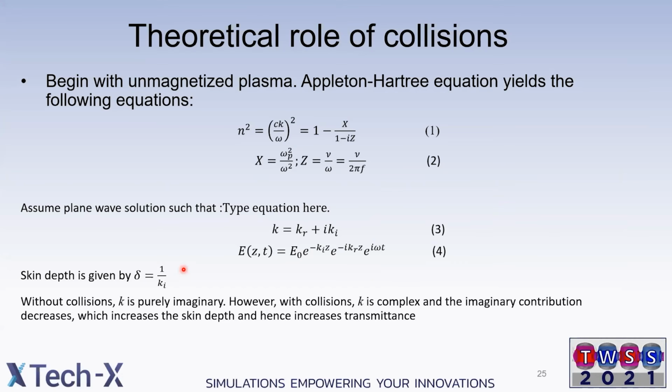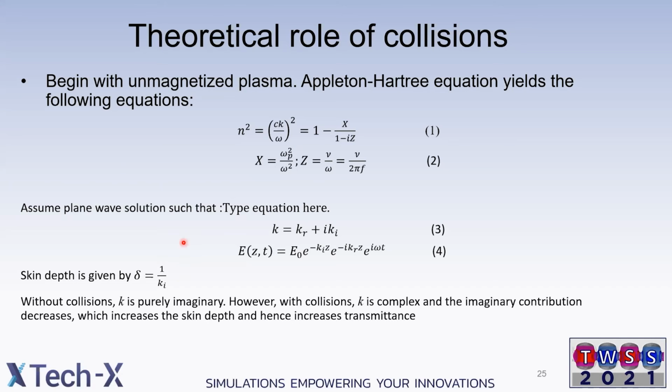If you send in a signal and the electrons can respond fast enough to that signal, then it can shield out the electromagnetic wave. So if you dampen the electrons through collisions, then they can't respond as quickly, and you can improve the penetration. And that's qualitatively why including collisions helps improve penetration of your signal.